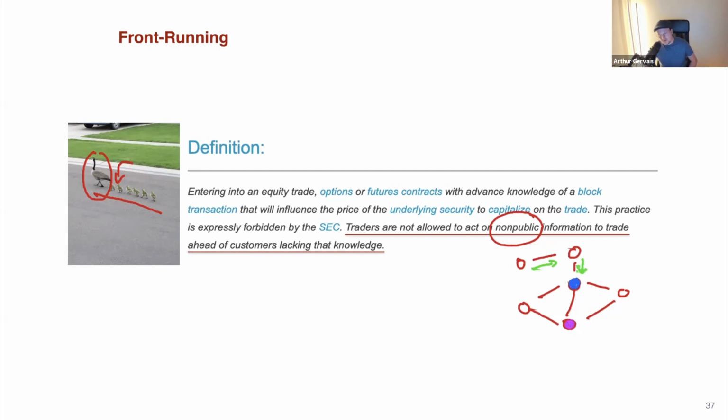So is this non-public information? Probably not, right? But still, this node here can front run the purple node by emitting a transaction attempting to execute earlier than this green transaction ultimately on the blockchain. So we have this discrepancy between what will be executed and what is going to be executed.